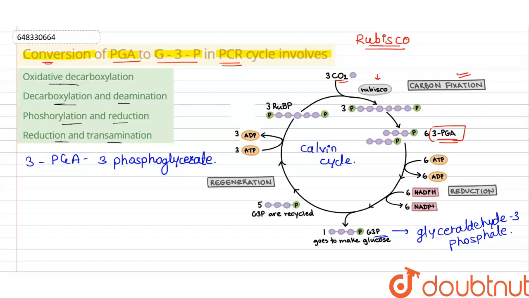As you can see, the arrow goes from ATP to ADP, because one of the phosphates is being used here. That phosphate is used to make 3-PGA form 1,3-bisphosphoglycerate.